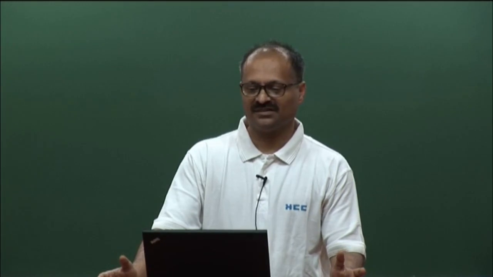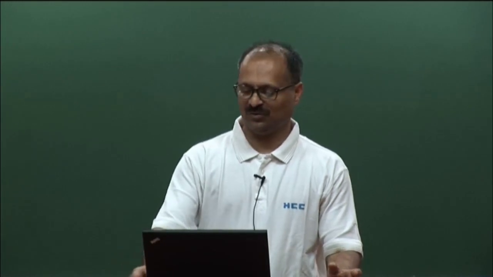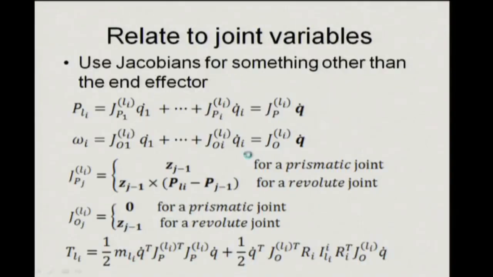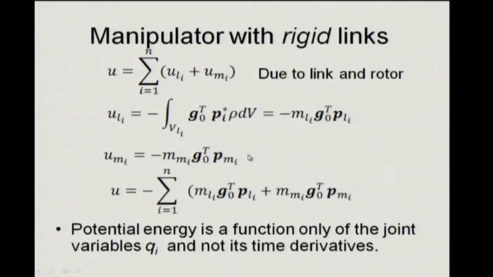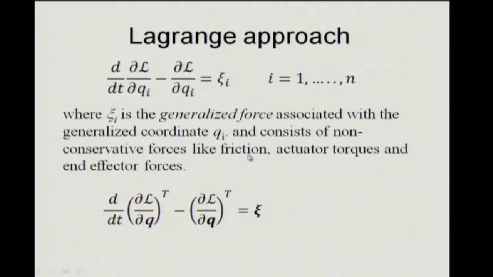Okay. So, the rest is very simple, right. You just have to go back, write the Lagrangian, right. You know T and you know U, and you write this equation, and you have the dynamics equation of the manipulator.